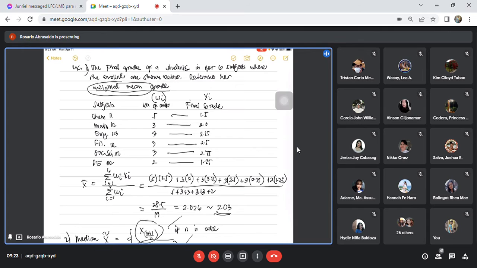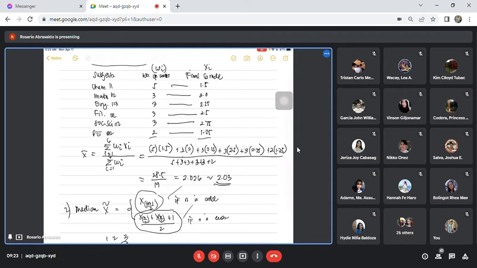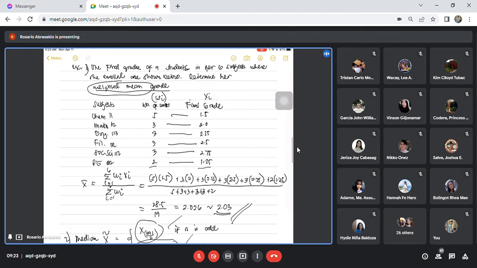So multiplying, finding the product of the weights and its grade, divide the total number or sum of the weights. So mo ni siya itong na-come up, no? So I just want you to write this one in your notebook and amara ninyo screenshot, no? So this is now the average of a student sa unom niya ka mga subject.